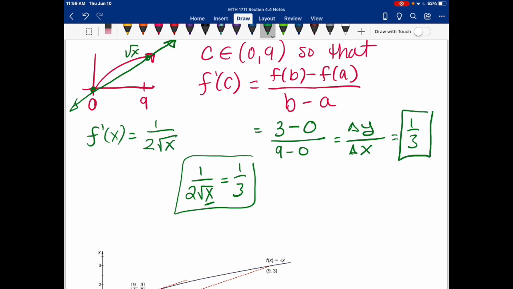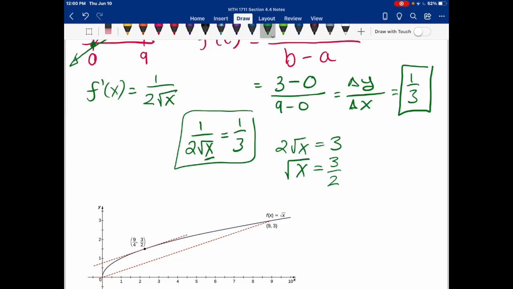So when I solve this for x, I'll use cross multiplication. I'm going to have 2 times the square root of x equal to 3. I'm going to divide both sides by 2, so I get the square root of x is equal to 3/2. Now when I square both sides, I get x is equal to 9/4, which is 2.25 in decimal form.